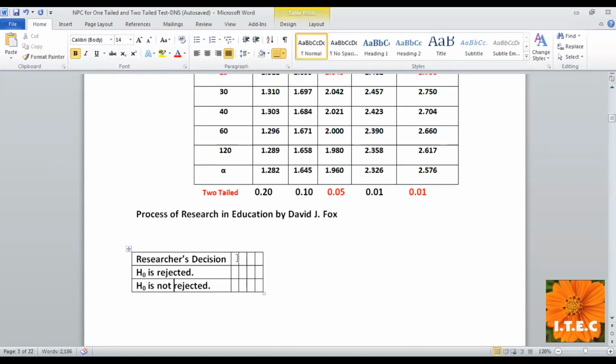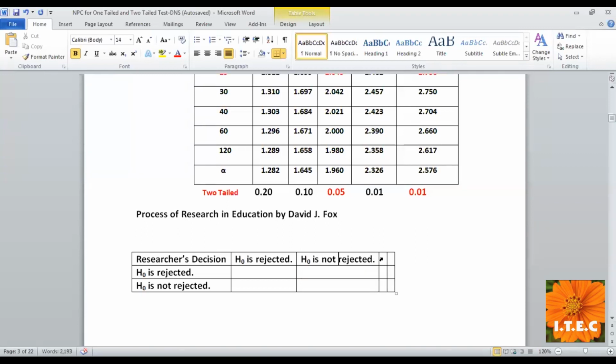And this is the true situation. The true situation can be that null hypothesis is rejected, and another can be that null hypothesis is not rejected.